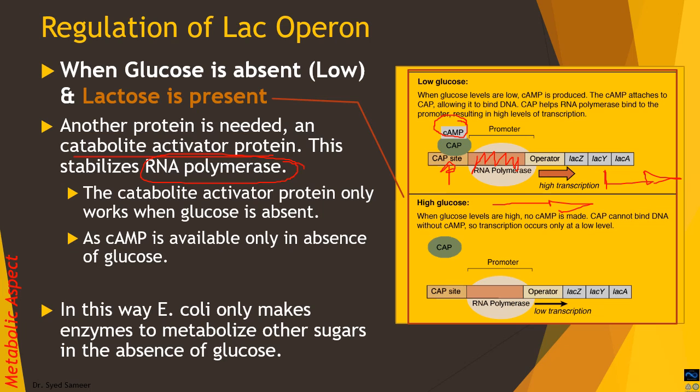So in a scenario where the glucose is low or totally absent, the cAMP is available for the CAP to function, and the catabolite activator protein will function under these conditions to enable the E. coli cell to utilize lactose preferentially.